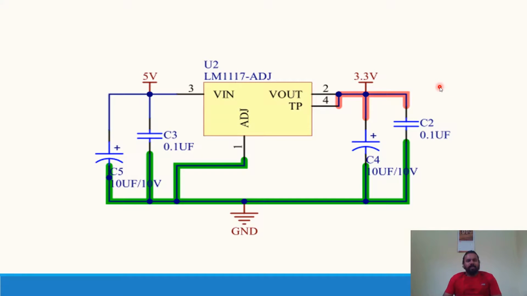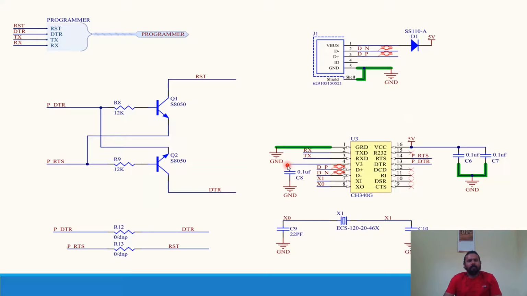And this is the voltage regulator, which basically converts your 5 volt input to 3.3 with a few capacitors. And this is the programmer, where we are using CH340 to program ESP modules, and we are using a crystal of 8 megahertz, I think so. Just a minute, it is not 8 megahertz, it is 12 megahertz, sorry, it is a 12 megahertz crystal.